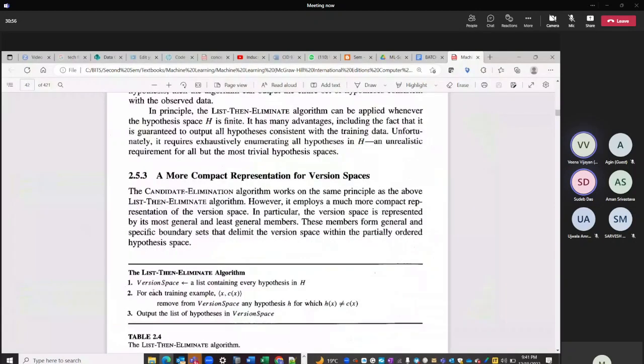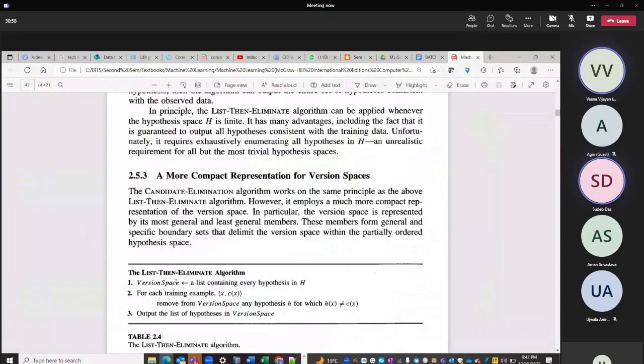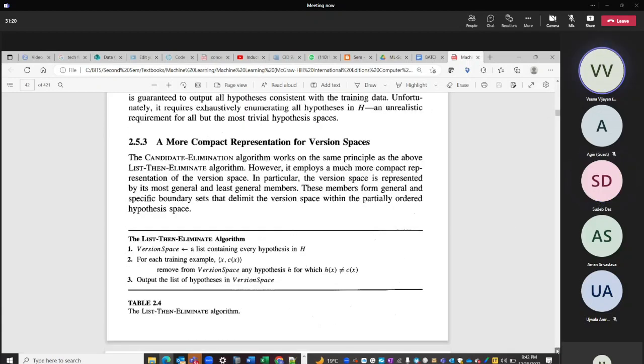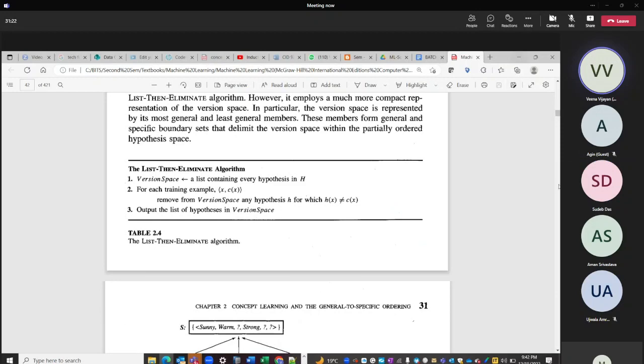So here what we are telling is we list in the version space a list containing every hypothesis in H. For each training example x, c(x), remove from the version space any hypothesis h which is not equal to c(x). Output the list of hypotheses. So that elimination process we are doing. We are first listing all the hypotheses and then eliminating. The very first hypothesis we eliminated is the null hypothesis.